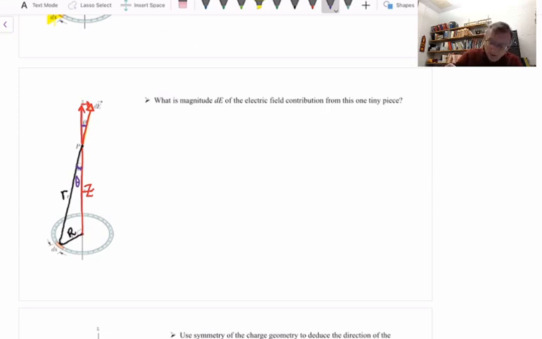All right, so now the question is, what is the magnitude dE of the electric field contribution from this one tiny piece? That's what I want us to talk about next. What is the magnitude of that vector quantity right there? Key thing: treat the tiny piece as a particle.